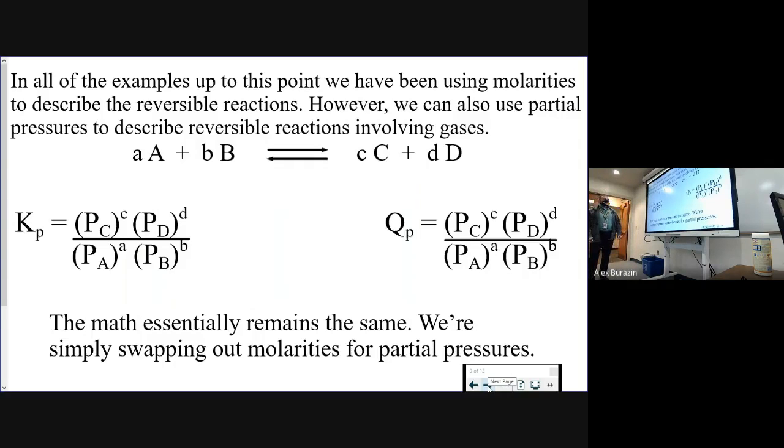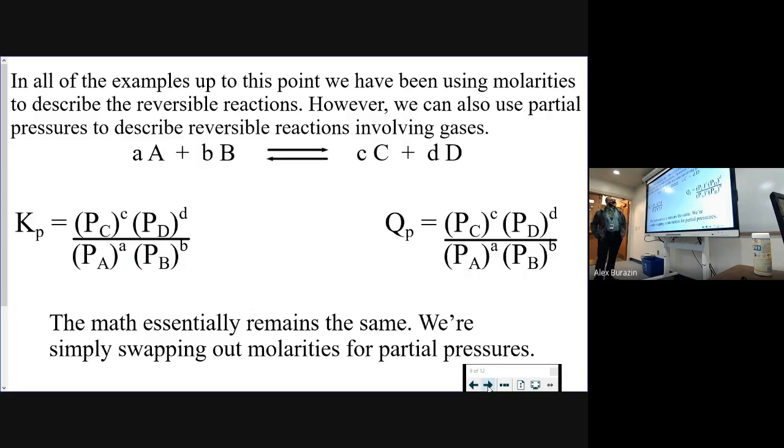All right, let's sprinkle some more fun in. We are now going to be talking about gases and gas equilibria, equilibria being the plural of equilibrium. Okay. In all of the examples up to this point, we've been using molarity to describe reversible reactions.